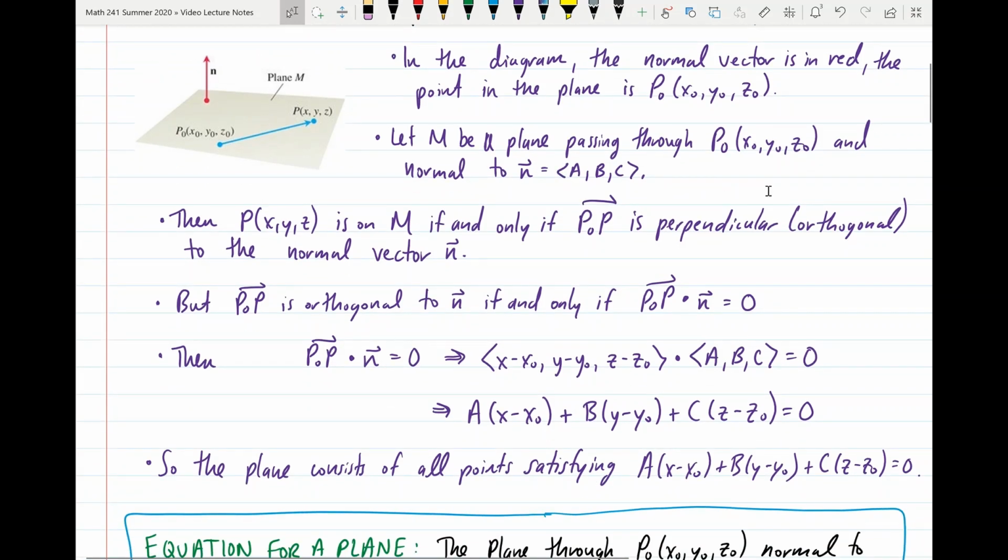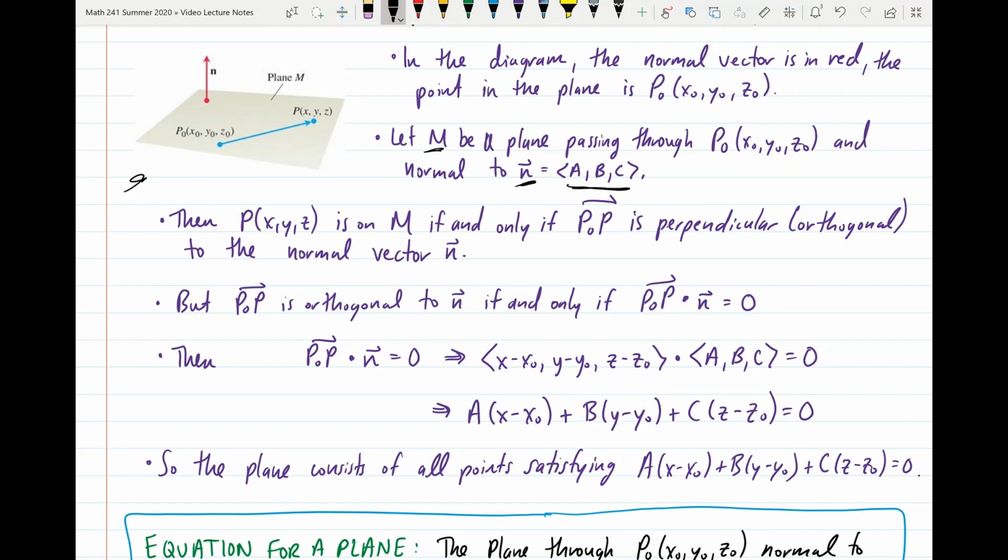Let's start off by letting M be some arbitrary plane that passes through the point P0 with a normal vector, which we're going to call N, and in component form that normal vector is going to be A, B, C. So again, you can still look at the diagram that I have in the upper left here while we're going through this.